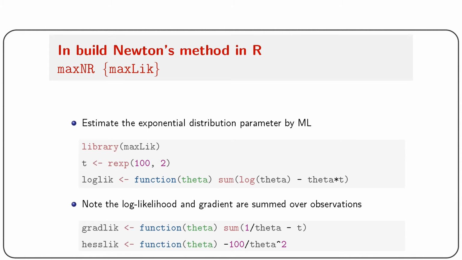The log likelihood is a function of theta: sum of log theta minus theta times t. Note the log likelihood and the gradient are summed over observations. The gradient of the likelihood is a function of theta: sum of 1/theta minus t, and the Hessian of the likelihood is a function of theta: minus 100 divided by theta squared.